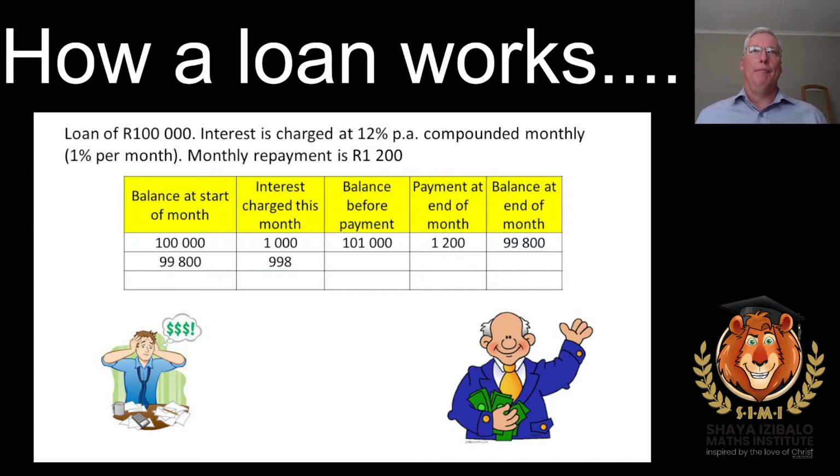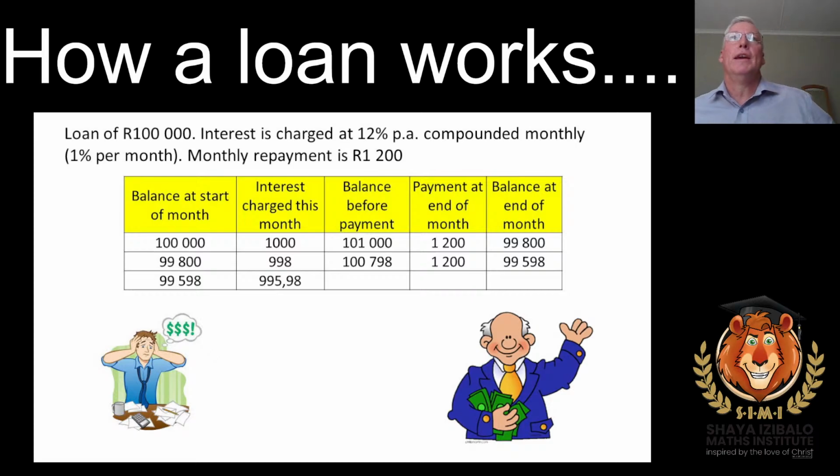Not great news, but there it is. That then gets added to what he owes. He makes the same payment, and that's the important thing about annuities: the payment is fixed. He gets his new balance, which is the start of the new month. Now 1% of that is 995.